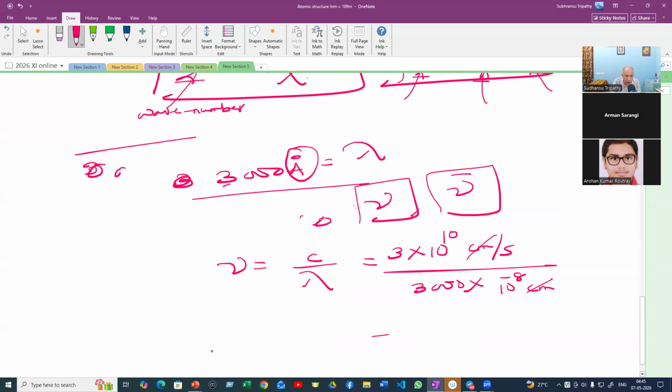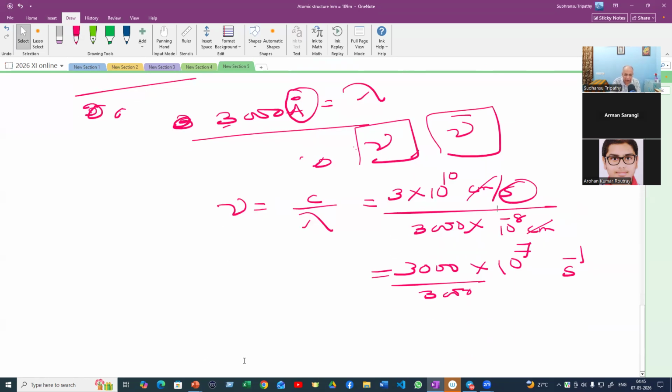So if you borrow 3 zeros into 10 to the power 7, then 3000 will cancel. This is second inverse, only per second remains, and the answer becomes 10 to the power 7 second inverse, or Hertz. You can write down, no harm.